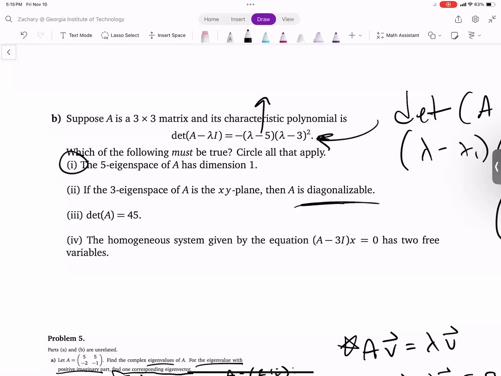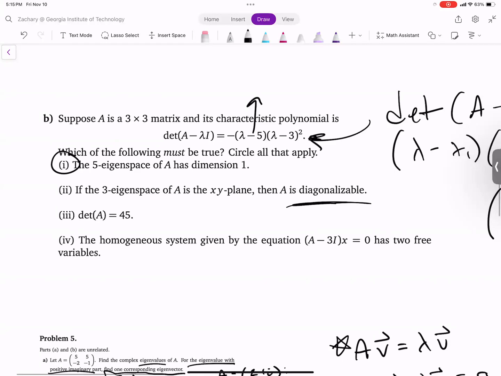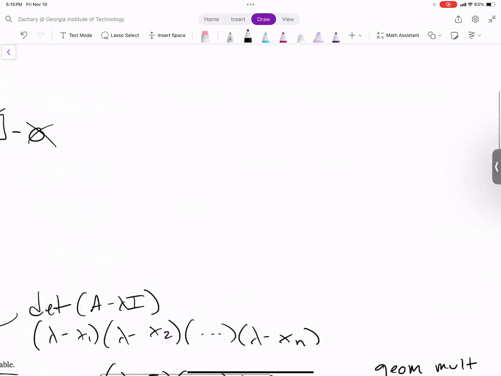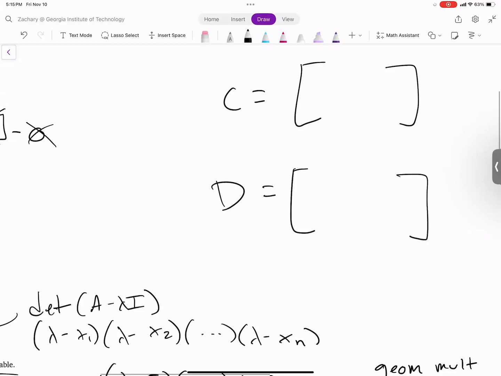So, diagonalizable means we have n linearly independent eigenvectors, okay? Diagonalizable means that we can write A as C, D, C inverse, okay? So where C is all of my eigenvectors, D is all of my eigenvalues, and they correspond accordingly.